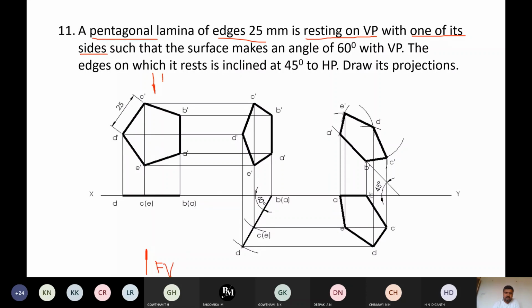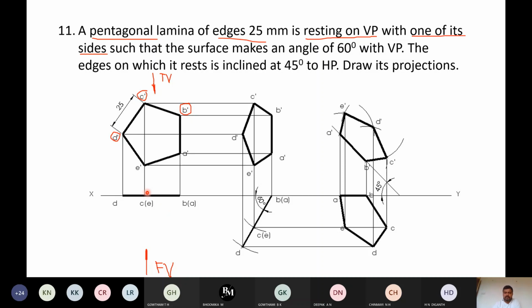So when you are drawing the top view, B dash, C dash and D dash will be visible since these three points are nearer to the observer. E and A are farther from the observer, so they will become invisible. That's why E and A are inside the brackets.